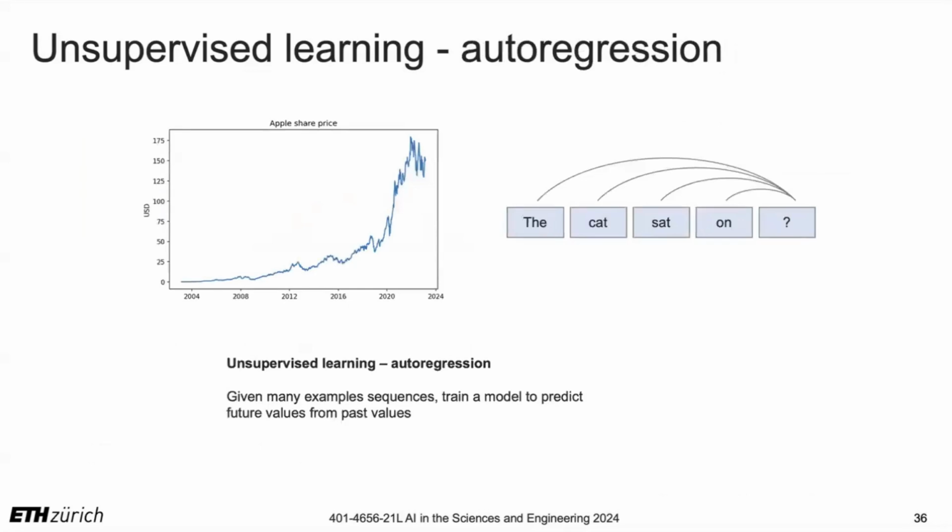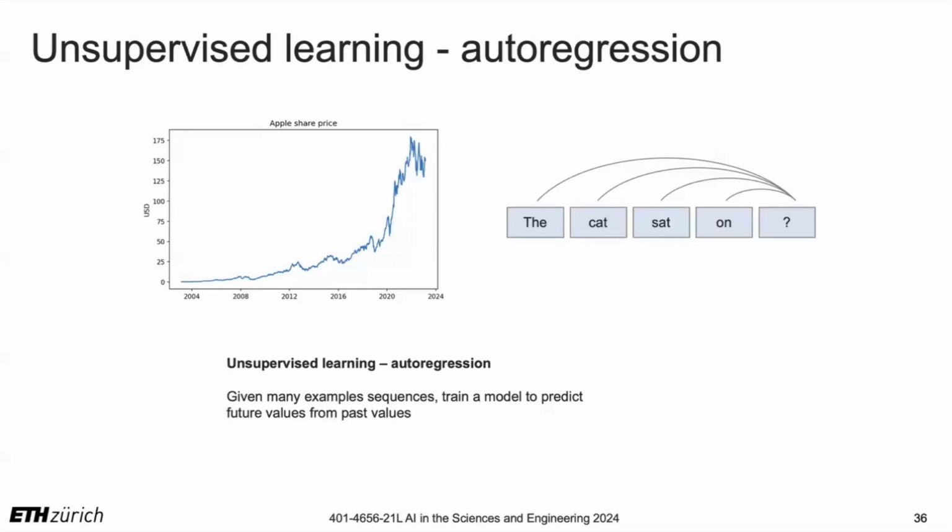Okay, so related to that feature learning, like reconstruction of the data, is autoregression. This can be thought of as an unsupervised learning task. So instead of just reconstructing the whole data, the goal here is to predict forwards what will happen in the data. So it's a prediction task. There are many different examples of autoregression. One is, for example, predicting stock prices.